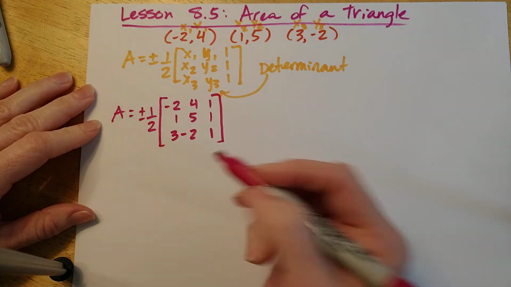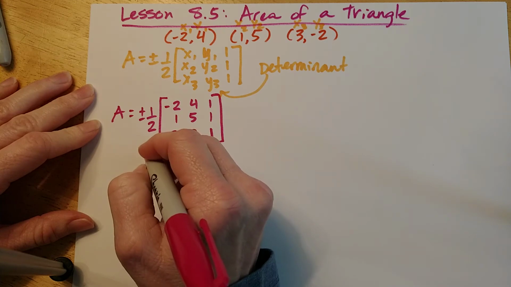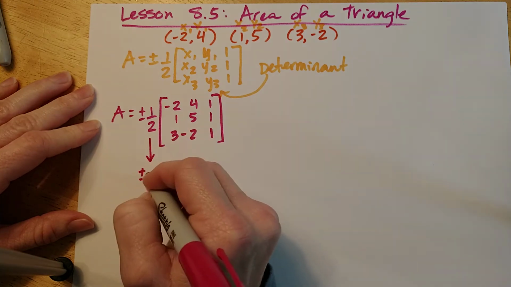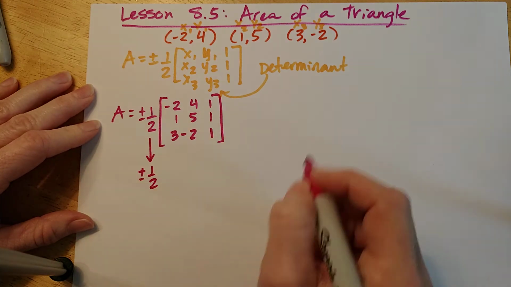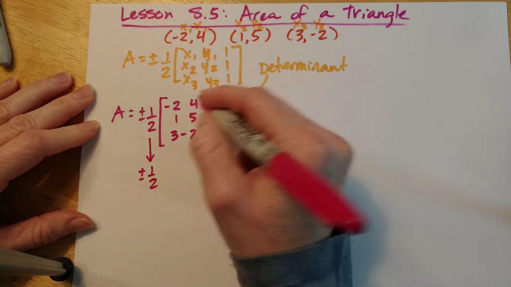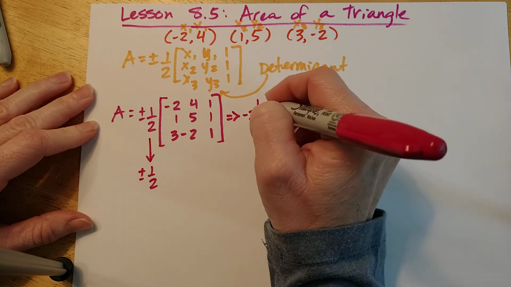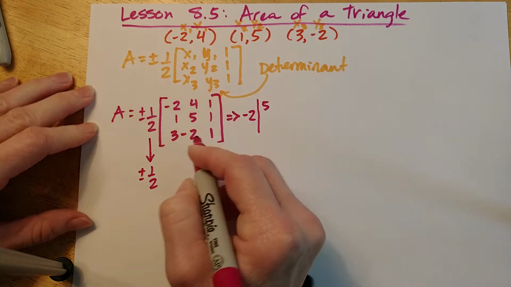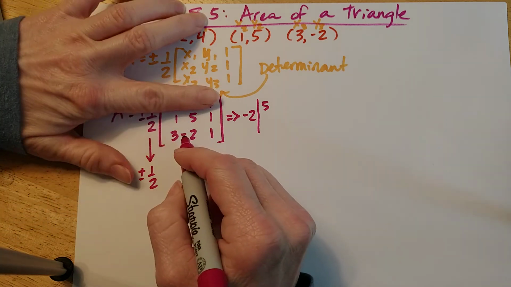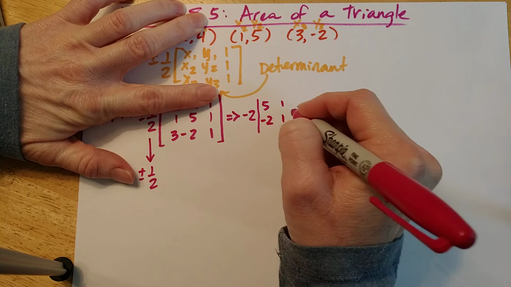Remember, we take the first column. I'm going to leave this for last here. So he's just going to come down, and I'm going to do the determinant over yonder. This is going to be -2, and the determinant. Remember, feed the little fishy here, the upside down fish. So I've got -2 there. So I'm going to cover these up and do the 5 and the 1, and the -2 and the 1.